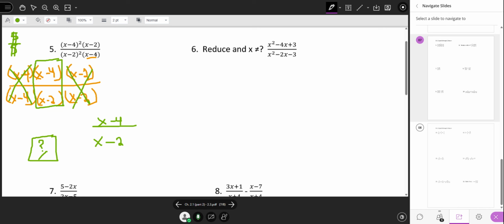Now, I put special instructions for number 6. It says reduce and x is not equal to what? Well, remember I told you in chapter 1.4 that fractions are not going away. Factoring is not going away. Well, I'm going to tell you again.